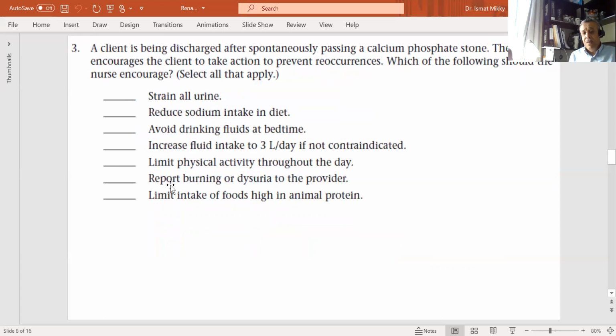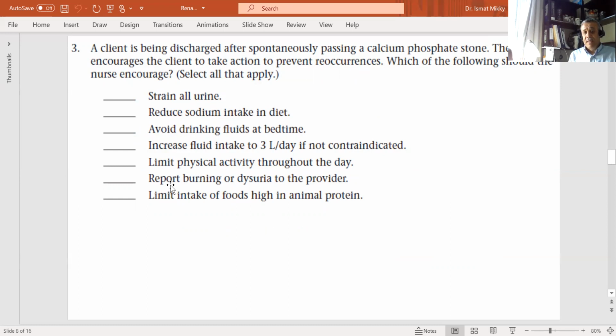Number 3, the answer is reduce sodium intake in diet. These are the recommendations for a patient being discharged after spontaneously passing a calcium phosphate stone.